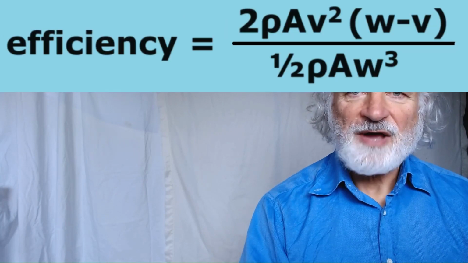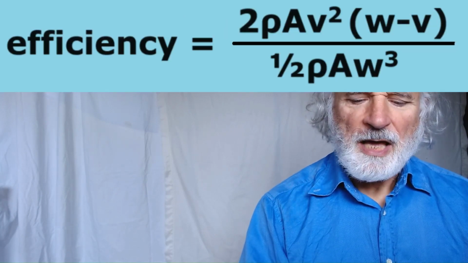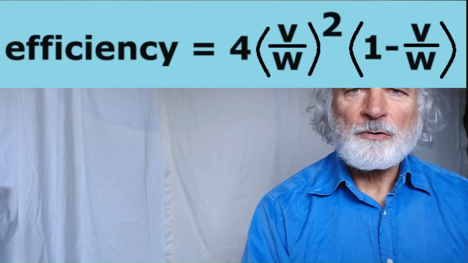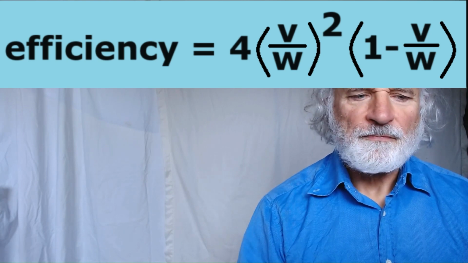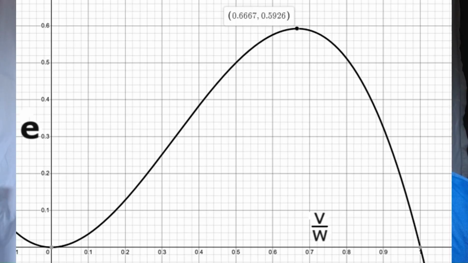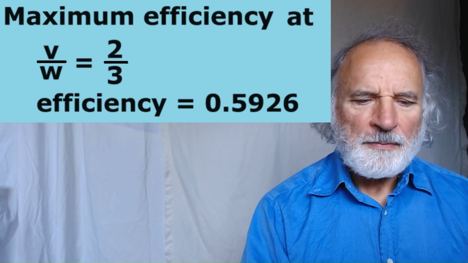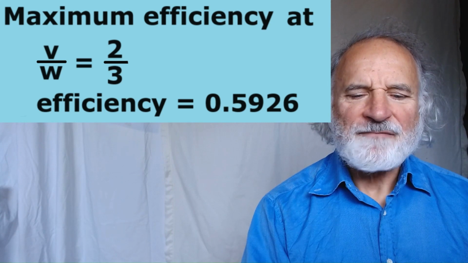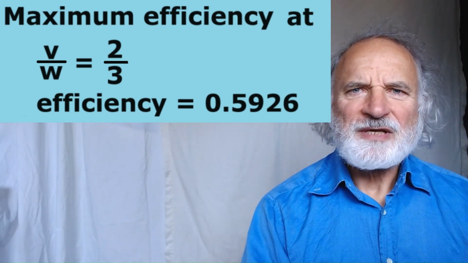This can be simplified to express efficiency as a function of the ratio of V to W. A graph of that equation shows that efficiency is maximum when the ratio V to W is equal to 2/3. The efficiency at that value is about 59%.